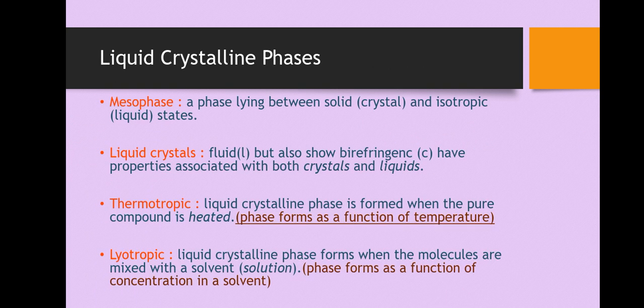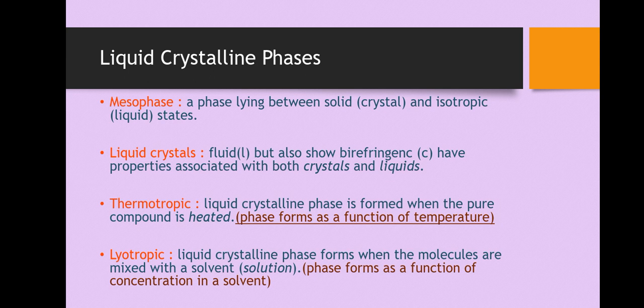Liquid crystalline phases. There are mainly four types of liquid crystalline phases: mesophase, liquid crystal, thermotropic, lyotropic. Mesophase is a phase which lies between the solid crystal and isotropic liquid state. Liquid crystals are fluid but show birefringence, which has properties associated with both crystals and liquids.